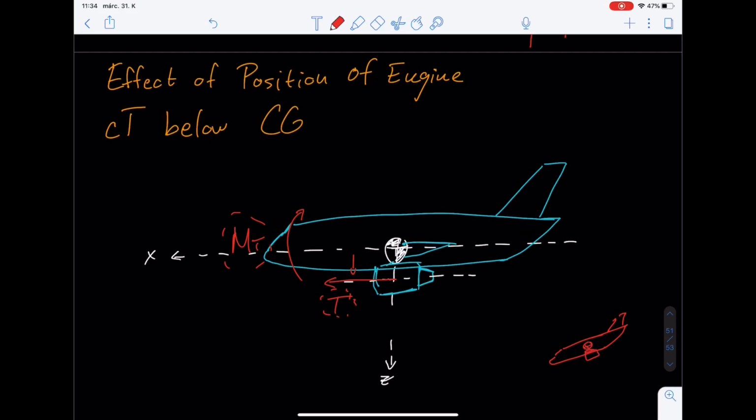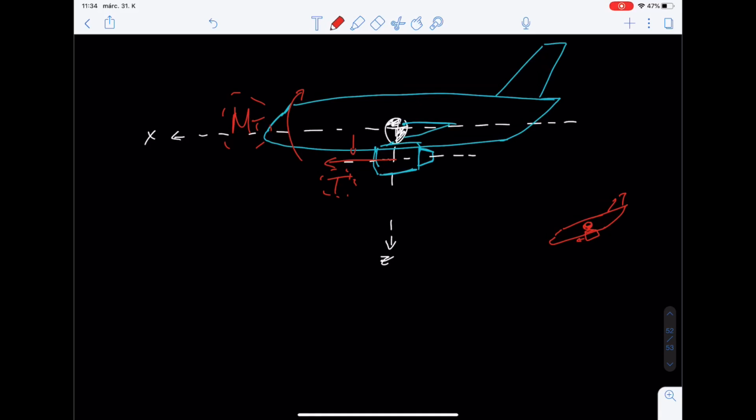So here you have center of gravity, you have a low power descent, and then you just add the power. You know, you want to go around because you don't see the runway or there's a problem. You have a problem with the aircraft, you have a center of gravity, and you increase the thrust. You have the longitudinal axis, and this increased thrust is gonna pitch the aircraft up and help you to bring the aircraft into a climb during a go-around.